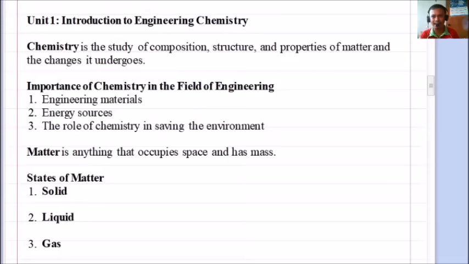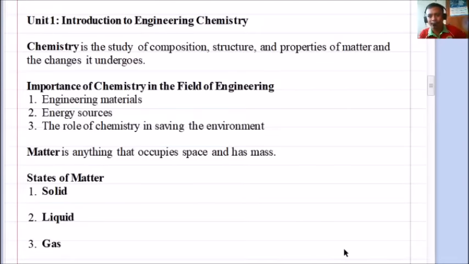Now, what is the importance of chemistry in the field of engineering? Why is chemistry important in the field of engineering? First of all, we have the following engineering materials often seen in engineering companies that manufacture. Here they check whether the products or the materials to be used are okay. For example, we have metallurgy, when it comes to the production of steel.